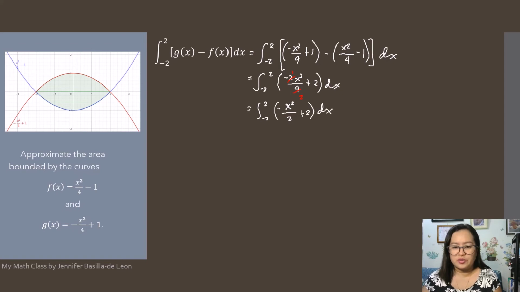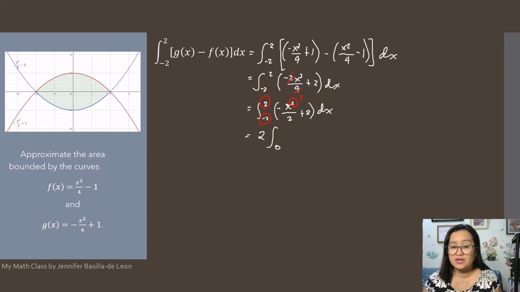Now remember that when the lower limits and the upper limits are additive inverses and the function is even, we can simply evaluate this using the rule.